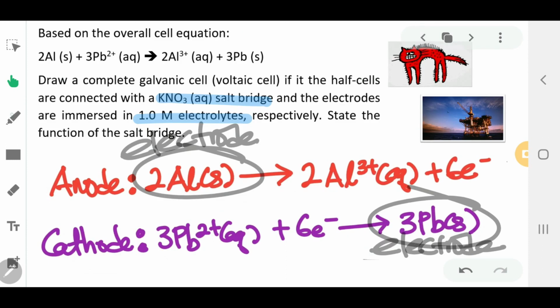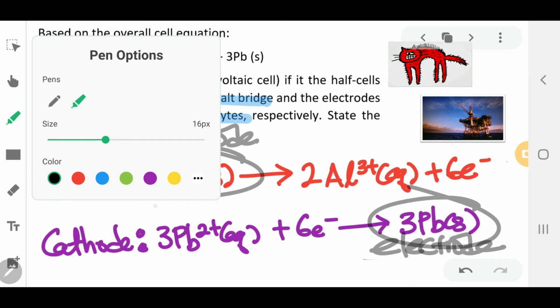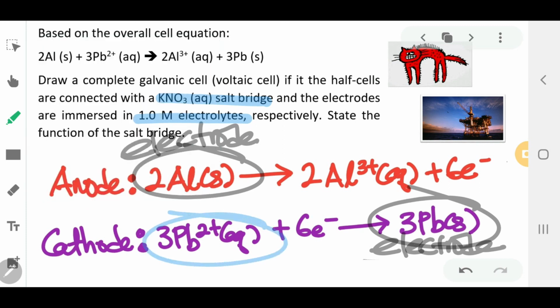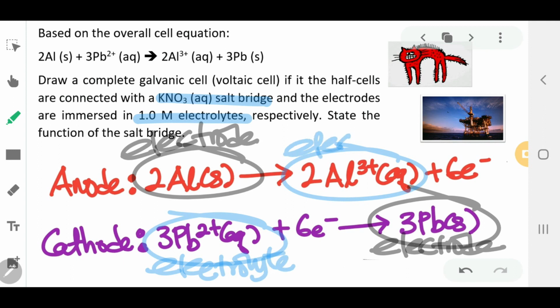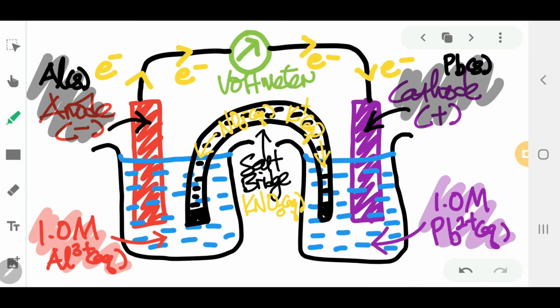And the electrolytes, okay, the electrolytes are this and this. And this is how you're going to draw the galvanic cell for the question.